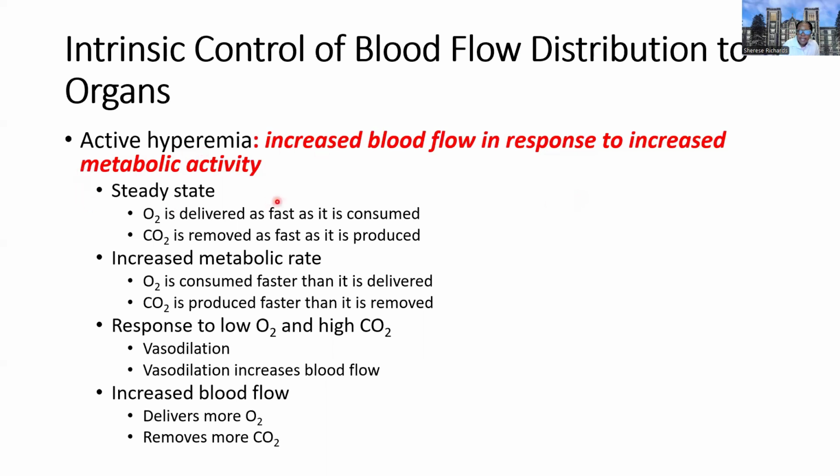So during steady state, adequate amounts of oxygen are being delivered, adequate amounts of CO2 are being removed, okay? So we are delivering oxygen as fast as it is being consumed, and we are removing CO2 as fast as it is being produced. So this is what's happening under ideal circumstances. You're at rest, you're at steady state, and there's not really an increased metabolic demand or need, okay?